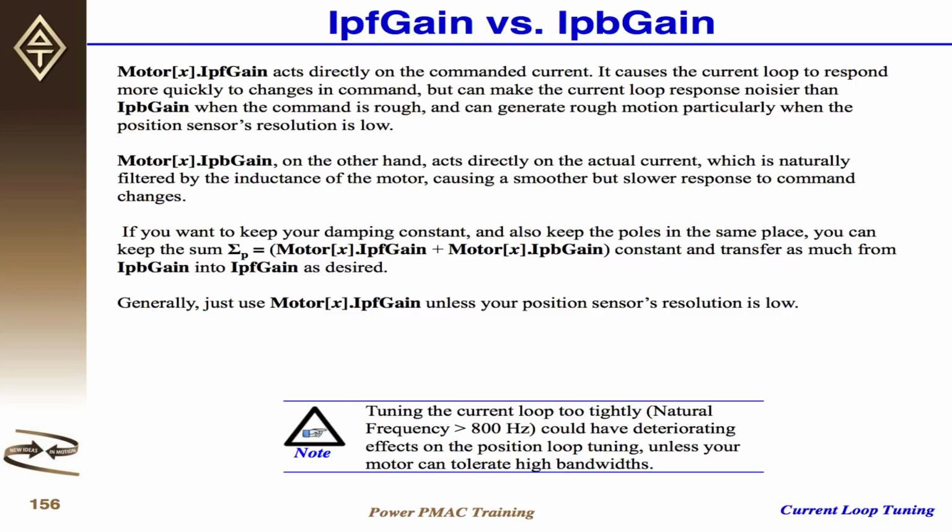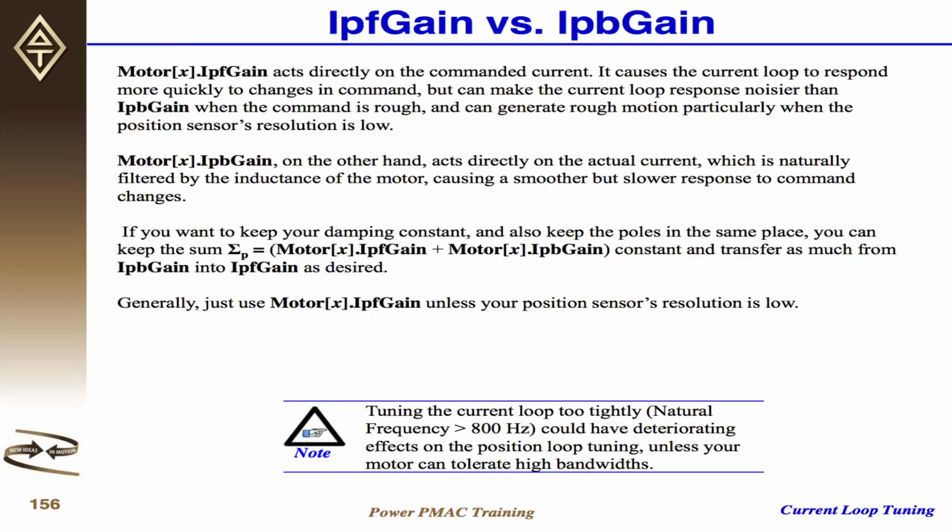It will create a smoother but slower response to changes in command. So if you want to be super safe, you can always stick with IPB gain, and you'll get a nice smooth curve. And you virtually never need to use IPF gain. But if you know what you're doing, you can use both or one or the other.